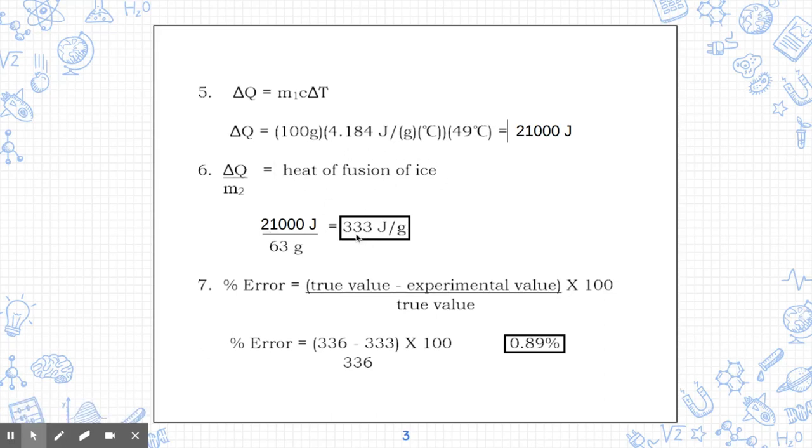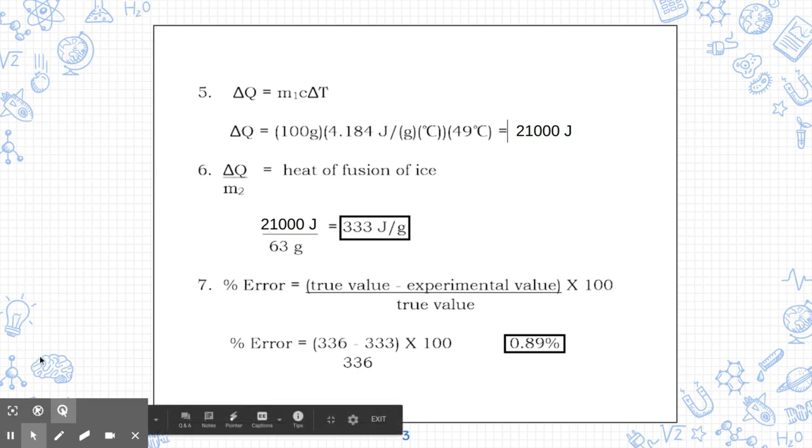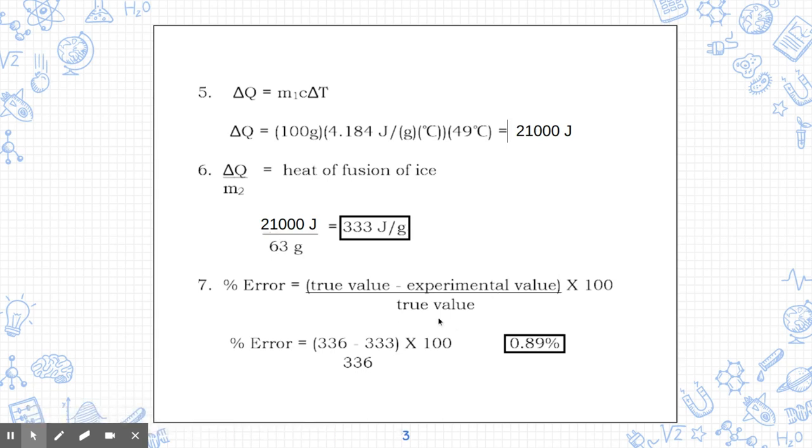That takes a lot of energy when we're working with water. Our final calculation, number 7, is where you're calculating your percent error. It gives you the percent error formula: the true value minus the experimental value, divided by the true value, times 100.